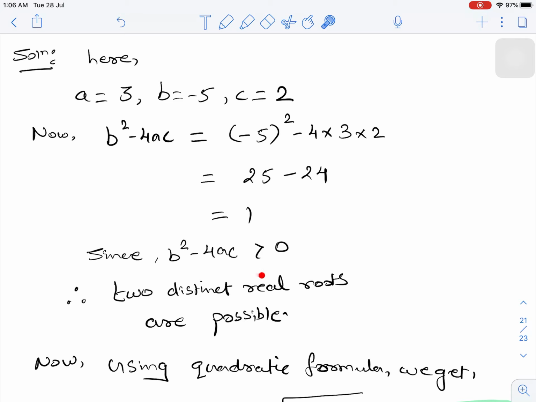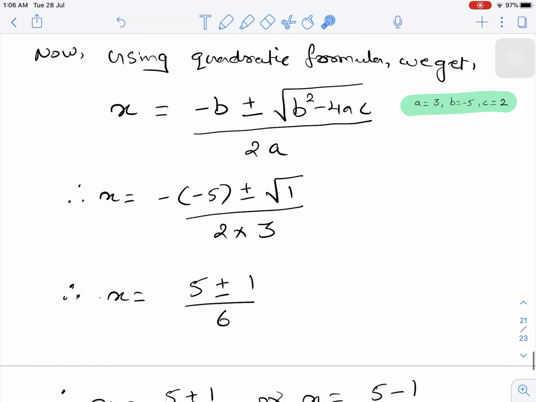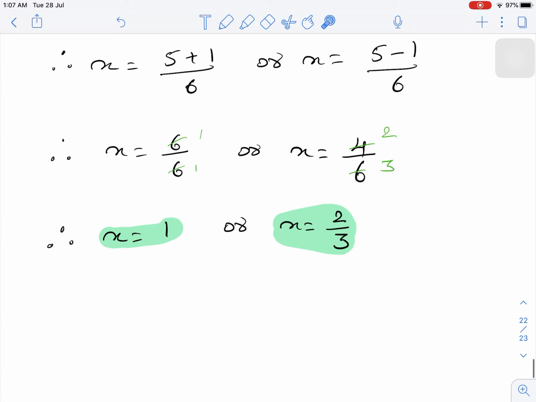Here we got it greater than 0, so two distinct real roots are possible. From here we get an idea of what type of answer we are going to have. Then finally we use the formula. Remember, at this step the value may be either plus or minus, and you have to consider both. So finally we got the answer x equals 1 or x equals 2 upon 3.